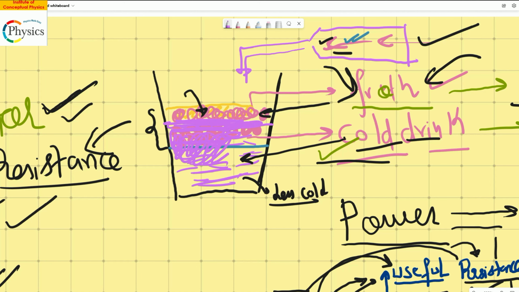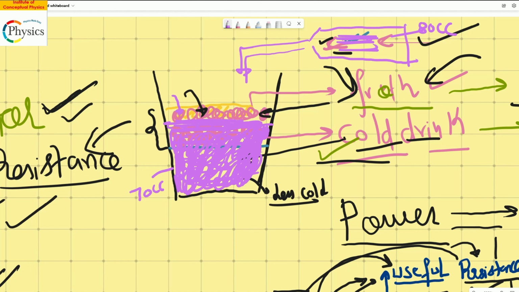So this is your cold drink, and this is your froth. The froth size has gone down. The total volume in the bottle is the same, right? It is still 80 cc. For example, it's an 80 cc bottle. Now you have 70 cc useful and 10 cc useless.